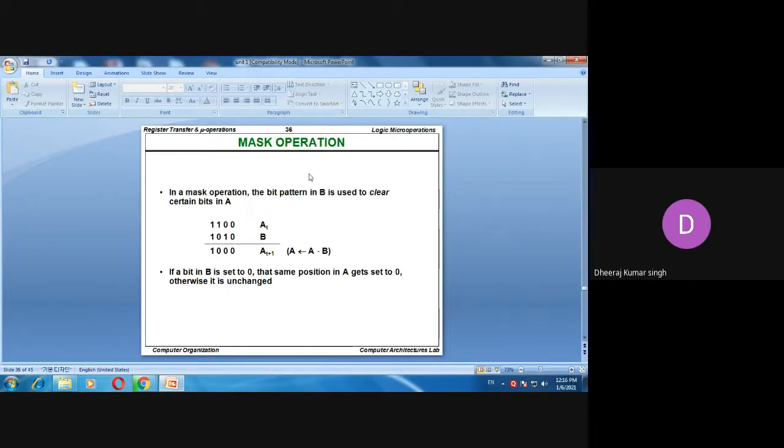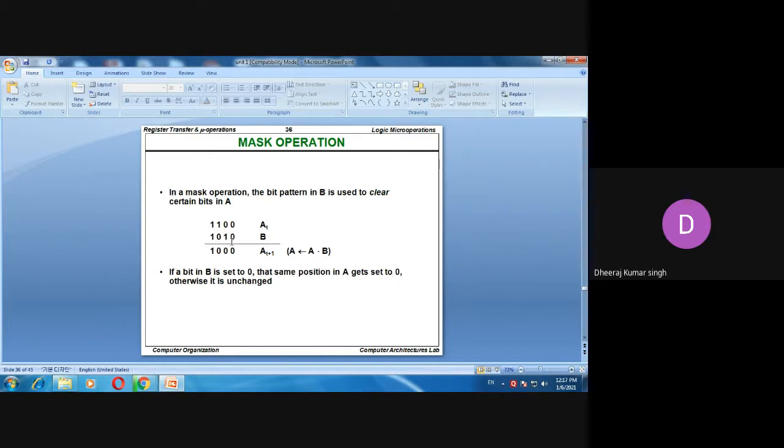So the mask operation is next. Masking is basically used for data hiding purposes. In a mask operation, the bit pattern in B is used to clear certain bits in A. Or you can say, if a bit in B is set to 0, that same position in A gets set to 0, otherwise it is unchanged.